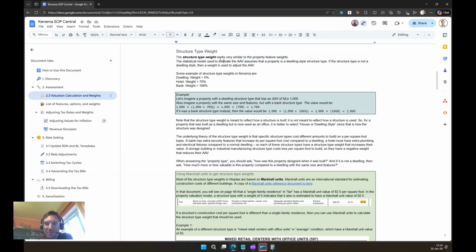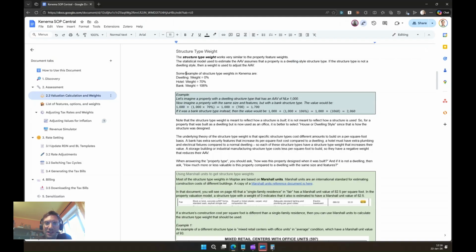So the model that's used to estimate the assessed annual value assumes that a property is a dwelling style structure. But what happens if the property is not a dwelling style structure? Let's say it's a filling station, or it's a bank, or it's an office building. Then we need a special structure type weight that adjusts to the type of structure that it is.